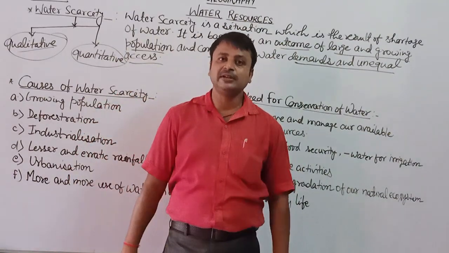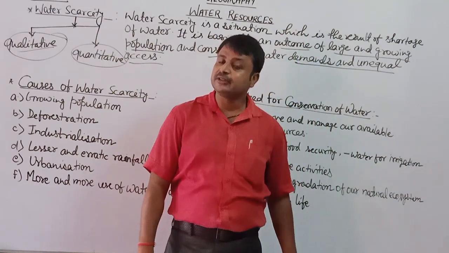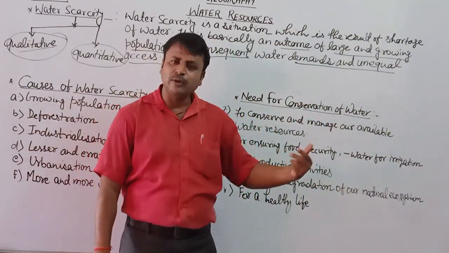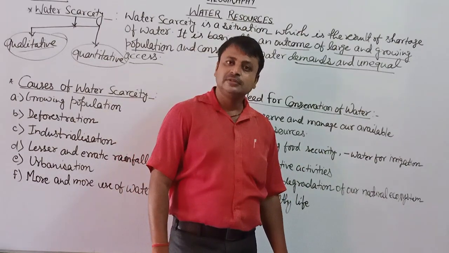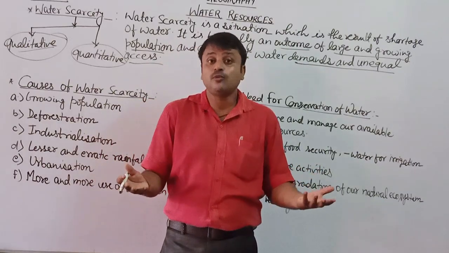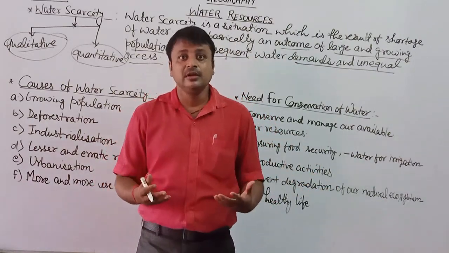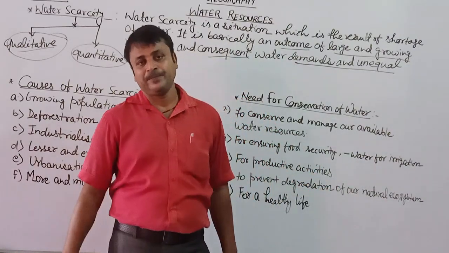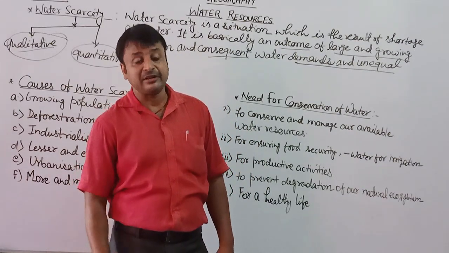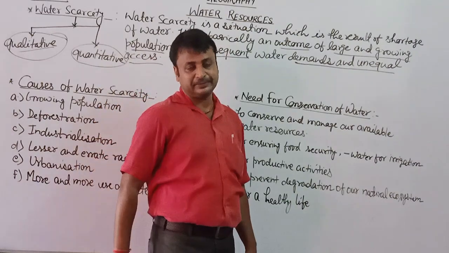In some parts of India, a great amount of rainfall is there. But in the arid region, the western part of Rajasthan, very little water is there. So uneven distribution of water and uneven access to water is the basic reason that leads to the scarcity of water.